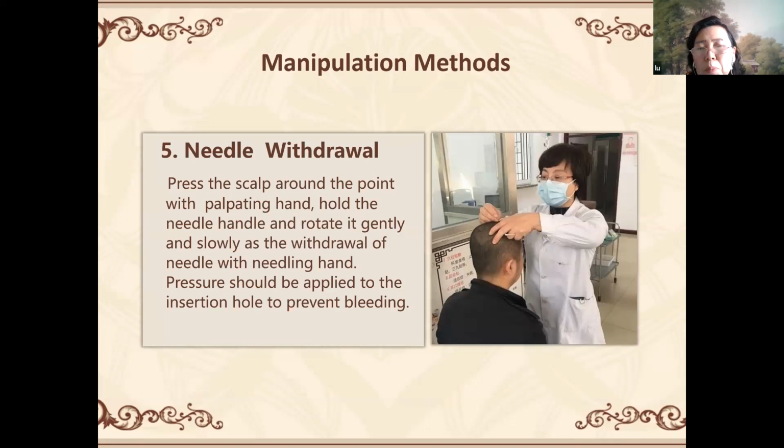In order to prevent bleeding, we use the palpating hand, and when we take out the needle, we rotate it and press the needle hole with a sterilized cotton ball. In this way, we prevent bleeding. So this is the needle withdrawal.